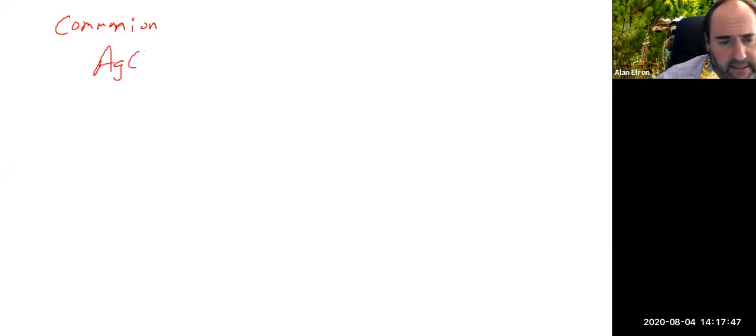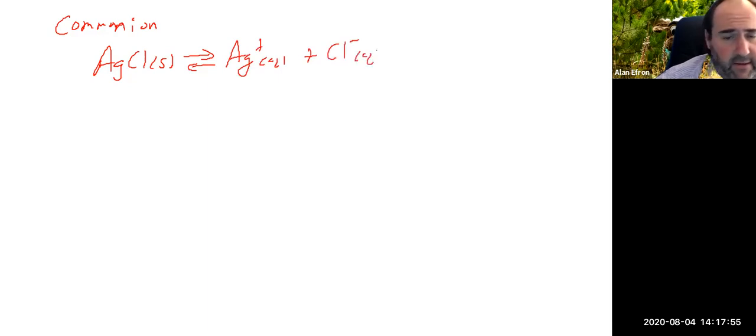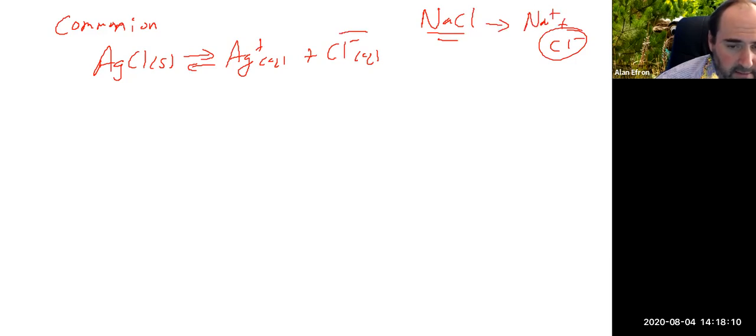For example, if we had our silver chloride not in water, but in something like a sodium chloride solution, this sodium chloride solution would break apart into sodium and chloride, making chloride our common ion.